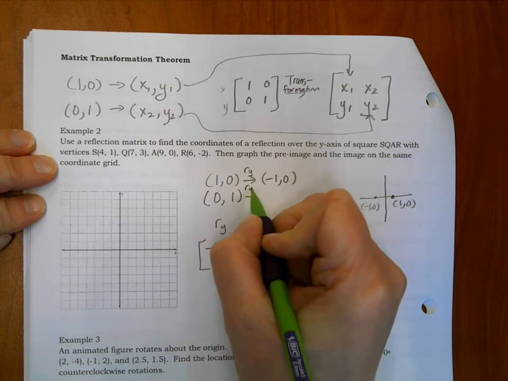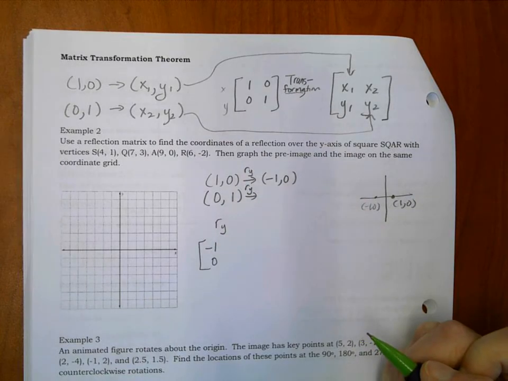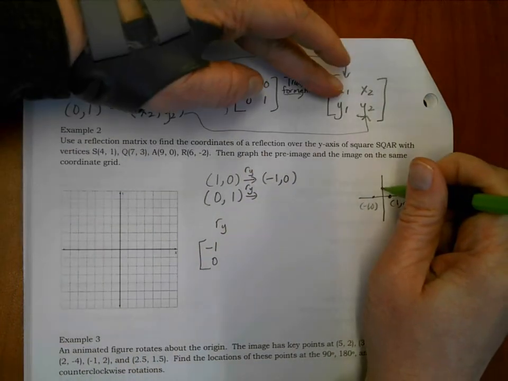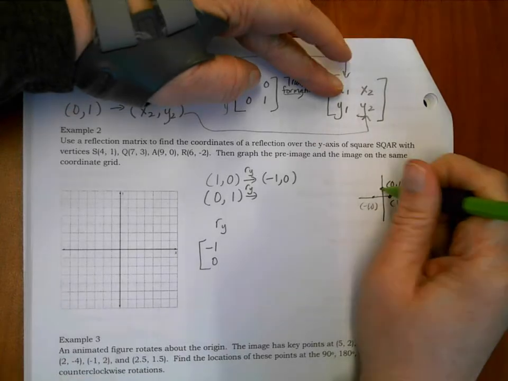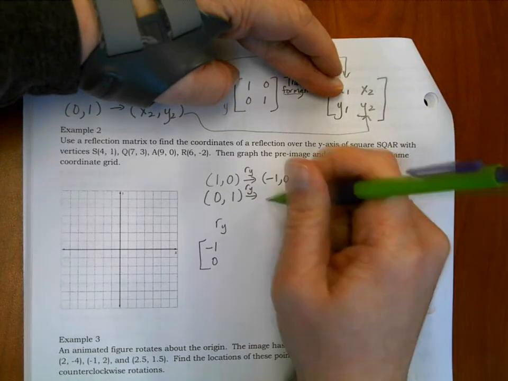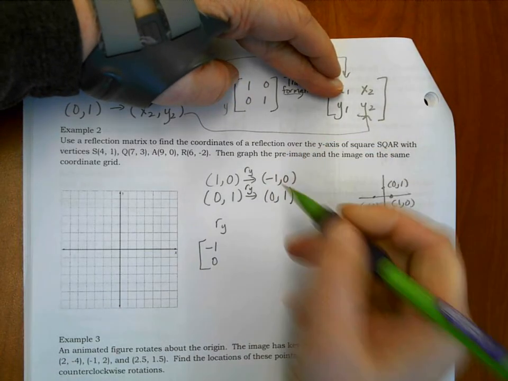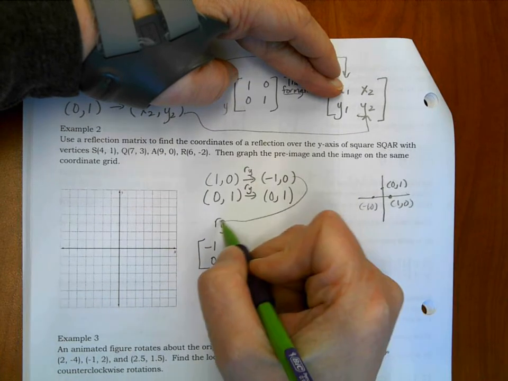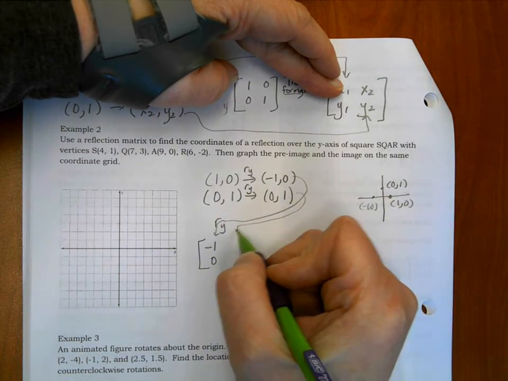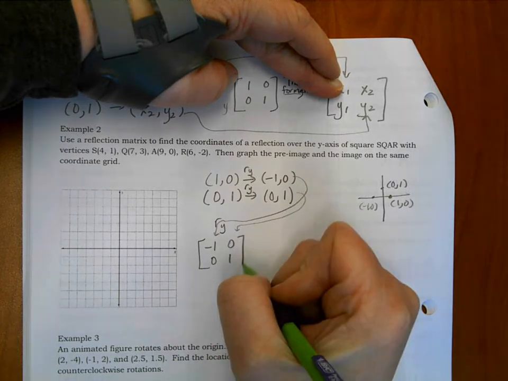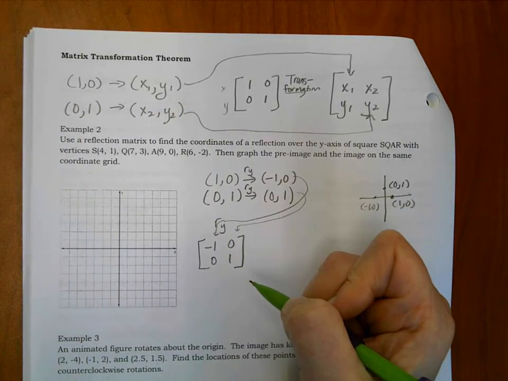You can put a little r sub y so you remember that's what you're doing. Okay, 0, 1 is right here. If I reflect that over the y-axis, well, it's on the y-axis, so it just stays the same. So this right here went in the first column, this one is going in the second column, and that's my matrix. And that was the matrix that we had written down before on the other side.